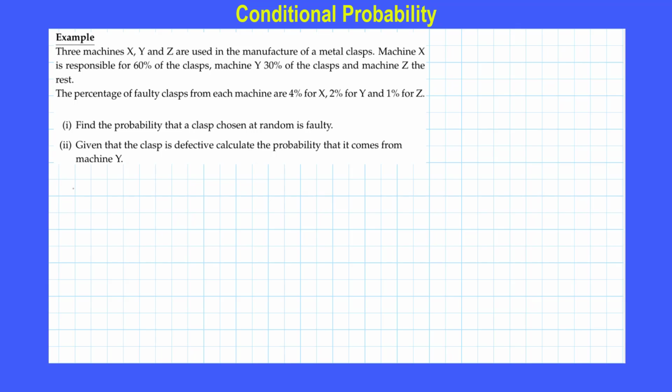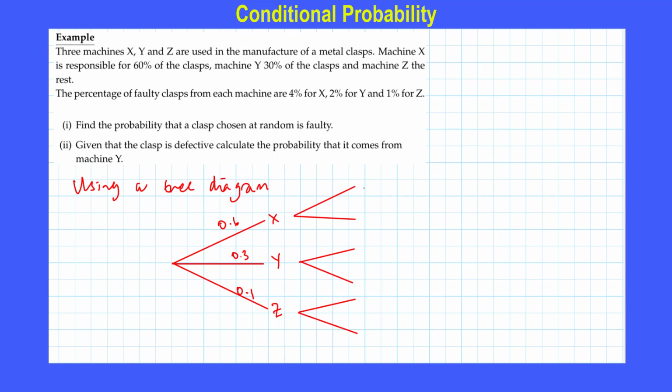Okay, another question. We've got 3 machines which are making clasps. Okay, so we can use a tree diagram. We've got machines X, Y, and Z, and the probabilities of getting either one of those machines 0.6, 0.3, and 0.1. And then the clasps are either faulty or they're not faulty. So again, the little dash meaning not faulty. And we can put our probabilities given each machine in there as we see it.